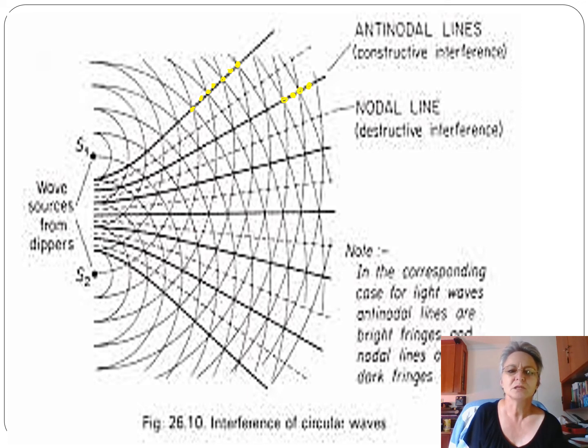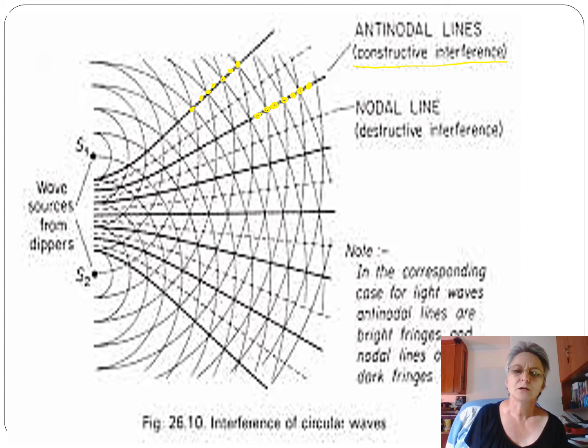If you join these points, they are points of constructive interference, so they are called the antinodal lines. They will be the deeper troughs and higher crests formed when waves are superpositioned.